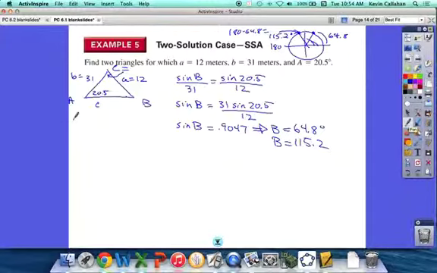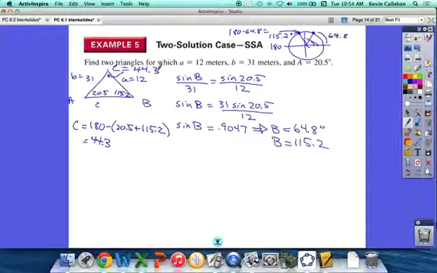So now our angle C is 180. Oh, first let me write in 115.2. And angle C equals 180 minus 20.5 plus 115.2, which is 44.3. So that is 44.3.